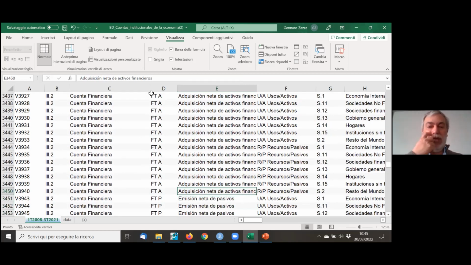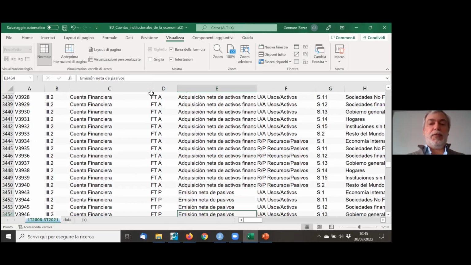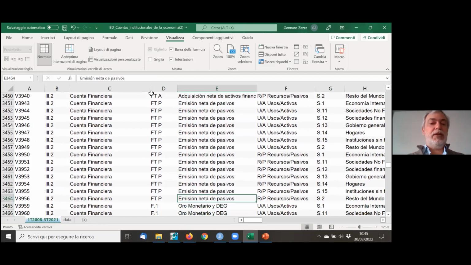So this should be what we have as foreign debt. It's V3940. And this should be the assets of Mexico, 3956.